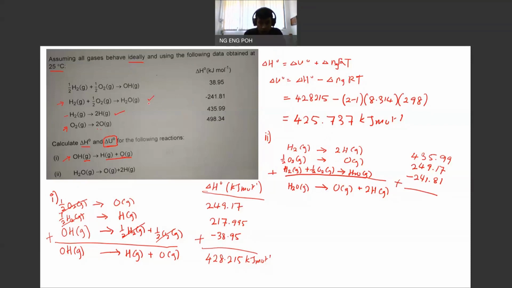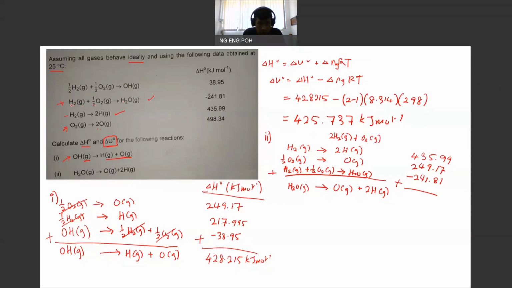Let me see how. Oh yes, here you have H2, so 2H2 and 1 O2. That means here you must have 2H2 plus 1 mole of oxygen. Can you find which equation gives you this? Yes, it's this equation.